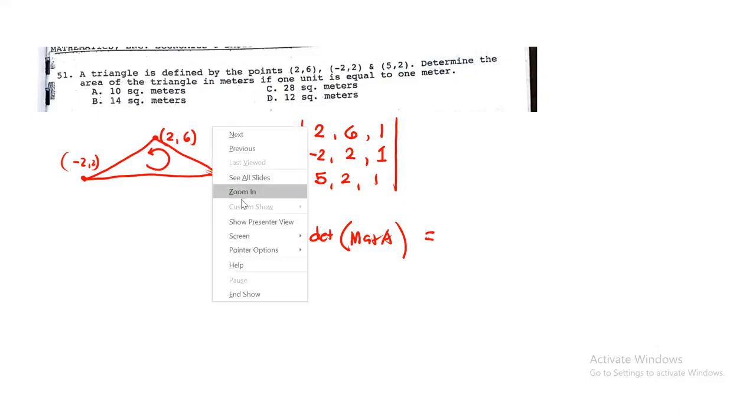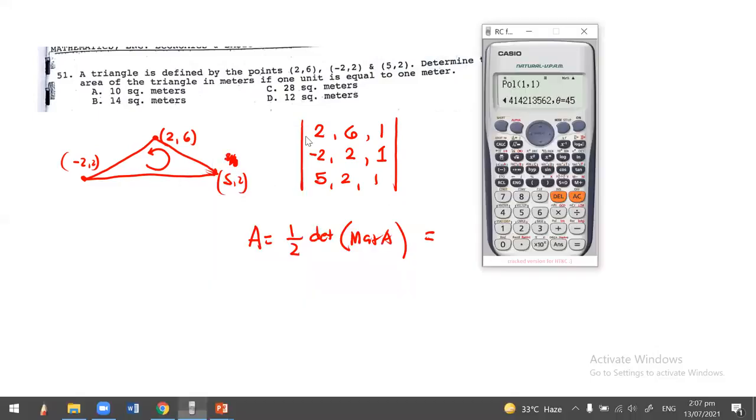So, try natin i-calculate. Mode, matrix 1, 3 by 3. So, (2, 6, 1), then (-2, 2, 1), then (5, 2, 1). Laging 1 yung dulo niya, no?